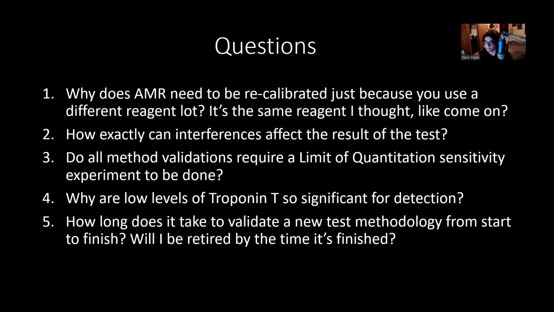And question number 5: how long does it take to validate a new test methodology from start to finish? Will I be retired by the time it's finished? Well, I think it takes about a month to 3 months, depending on how quick you want that method to be validated, how much work you want to put into it, depending on how much data you want to gather for that instrument, or for that method validation.